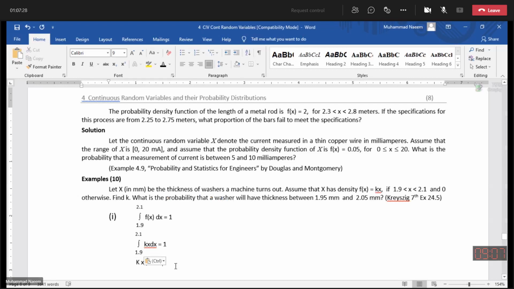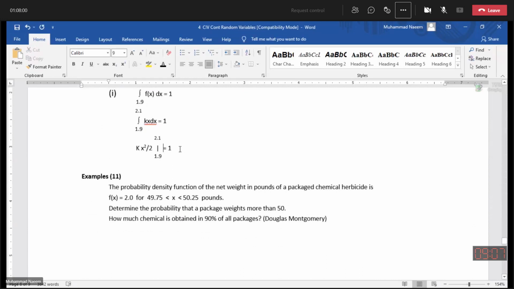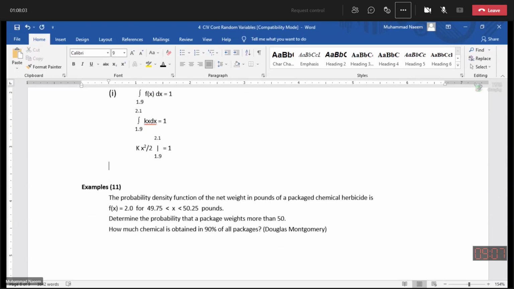So as we integrate this function, apply the limit from 1.9 to 2.1. Solve this equation and get the value of k. This will be the procedure.